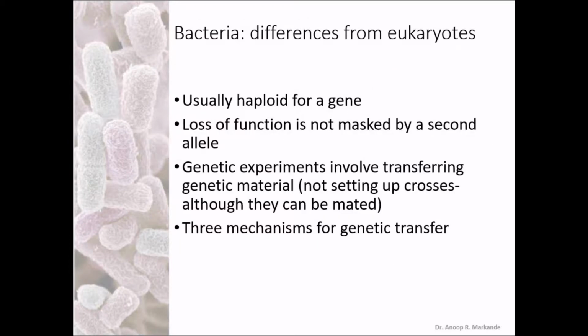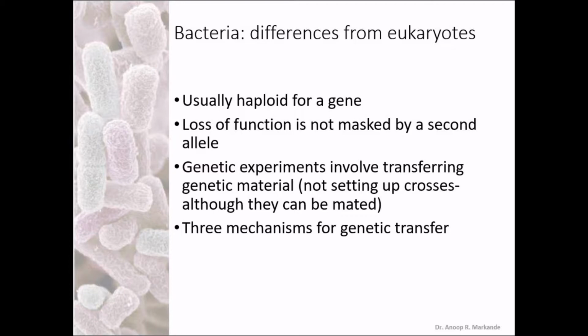How do bacteria differ from eukaryotes? They are usually haploid for a gene, that is, they have a single set of genes. Loss of function is not masked by a second allele. An allele is a secondary unit of a gene which is usually present in eukaryotic cells.